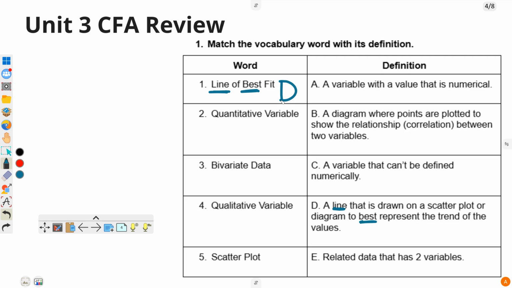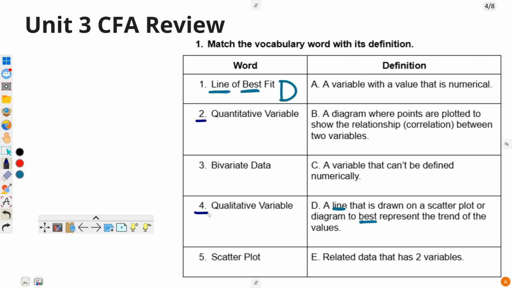Number 2, we have quantitative variable, okay? When we talked about these two definitions, one thing we talked about was, so we have quantitative here, and we have qualitative here, okay? Very similar words. One is quantitative and the other is qualitative.